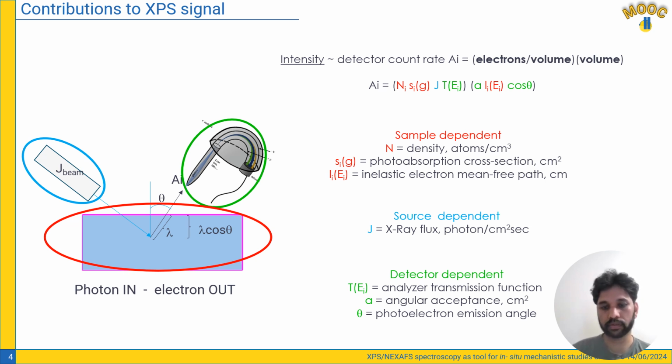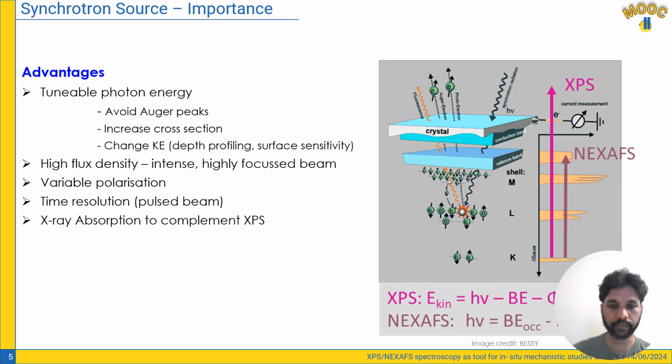The detectors are the same in both synchrotron and lab source XPS. But the source is different, so you have a bright light source here, which changes many things. It allows you high flux, allows you to do ambient pressure studies, and also you are able to trace small amounts of elements present in your catalyst or in your liquid.